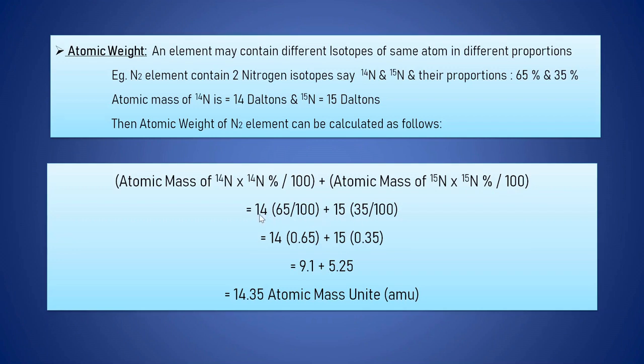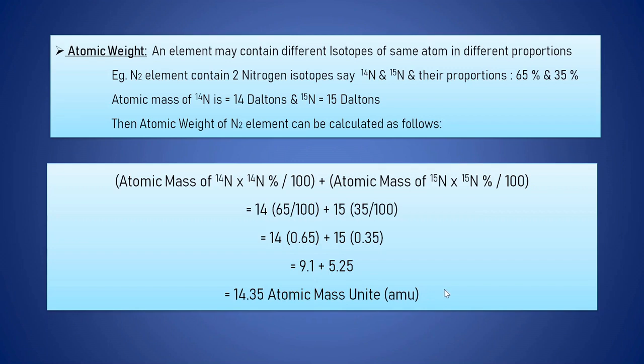As I said earlier, 14 is the atomic mass of N14 and its percentage is 65 divided by 100, plus 15 is the atomic mass of N15 and its proportion is 35 divided by 100. So 14 times 0.65 plus 15 times 0.35 equals 9.1 plus 5.25. So the atomic weight of the nitrogen element in this case is 14.35 atomic mass units. The units for atomic weight are atomic mass units.